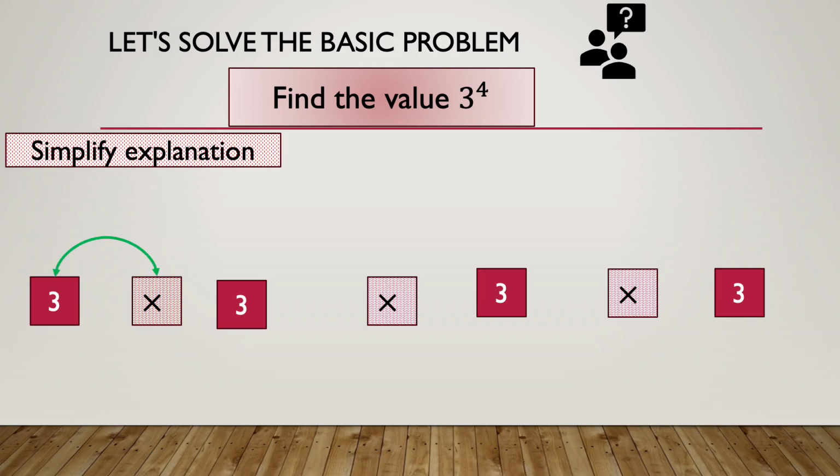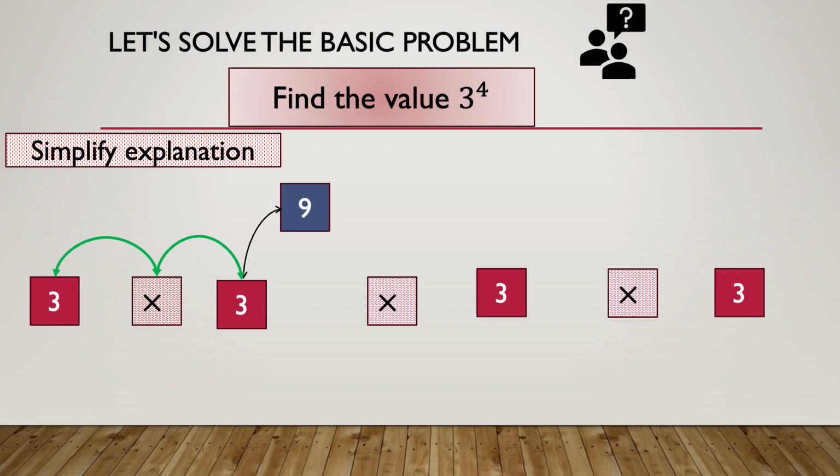So I multiply these 3 by these 3. So 3 multiplied by 3, what is the answer? Number 9. So 3 multiplied by 3, then I got the answer number 9.